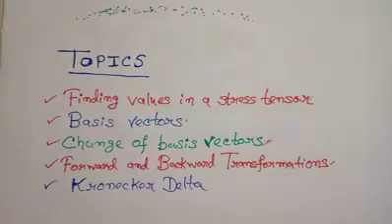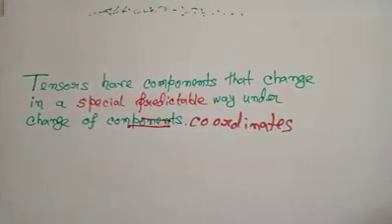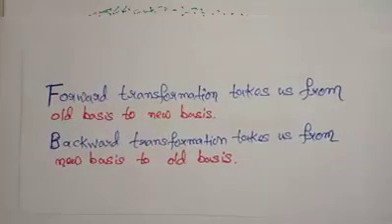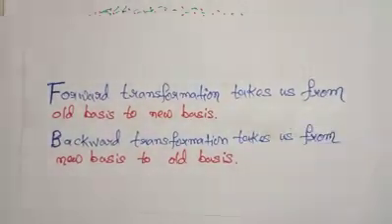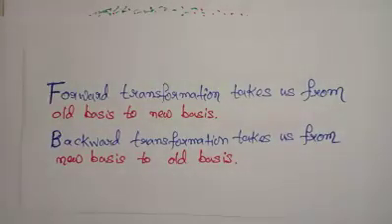Just a quick review. Remember that a tensor has components that change in a special predictable way under the change of coordinates. Forward transformation takes us from the old basis vectors to the new basis vectors, and backward transformation from the new basis vectors to the old basis vectors. This has been quite a long one.